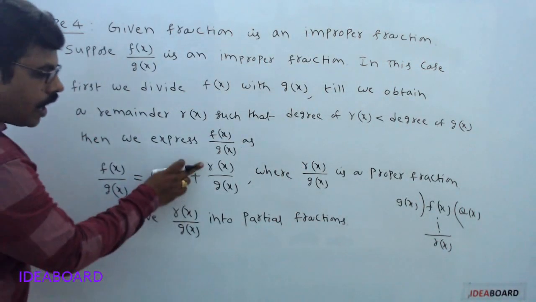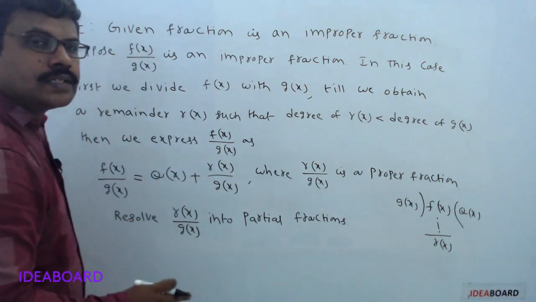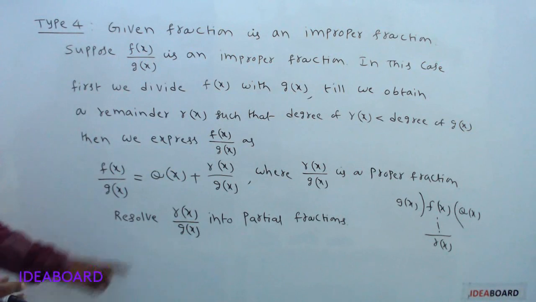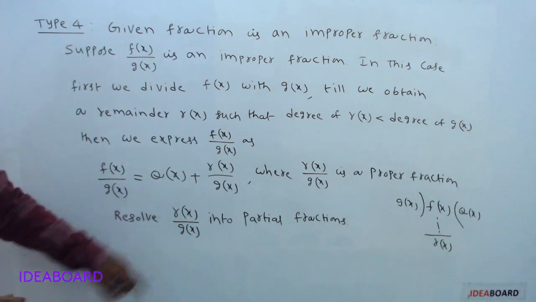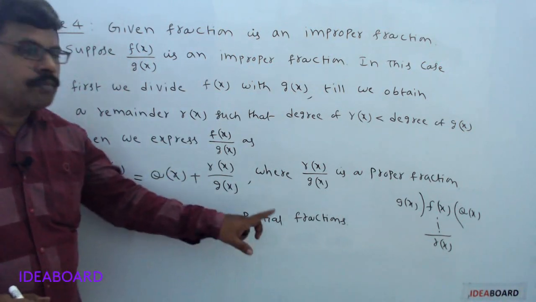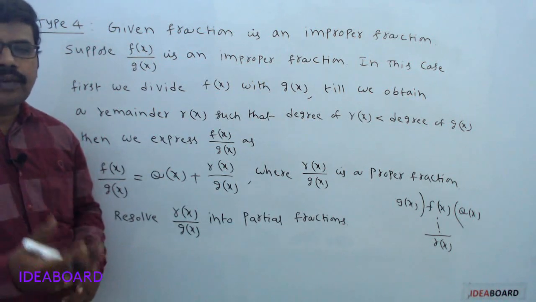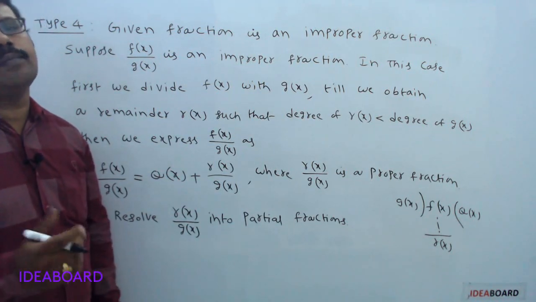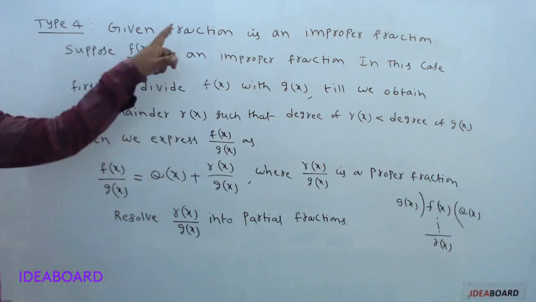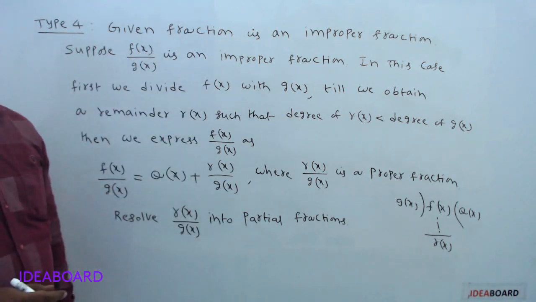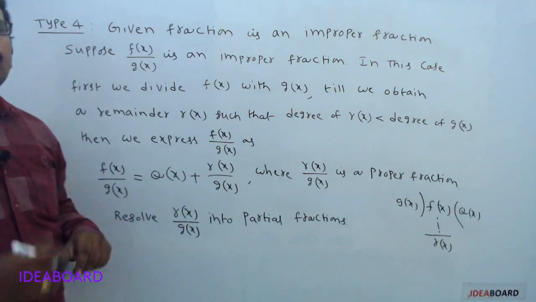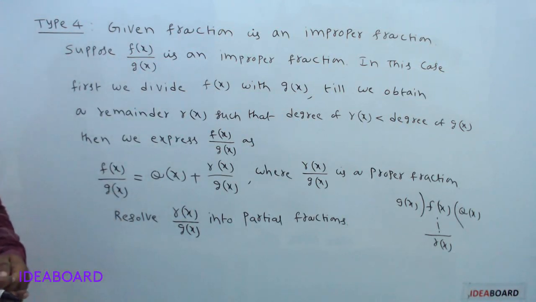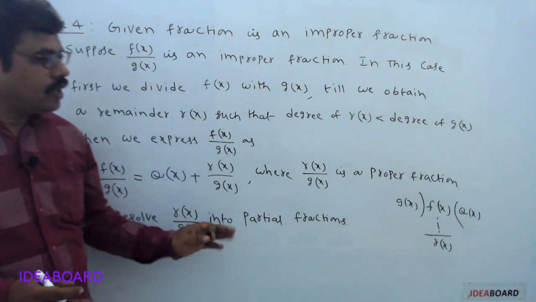Now here r(x) divided by g(x) is a proper fraction. Then we resolve r(x) divided by g(x) into partial fractions by using type 1 or type 2 or type 3. This is the procedure to resolve an improper fraction into partial fractions. Now let us discuss some problems on this model.